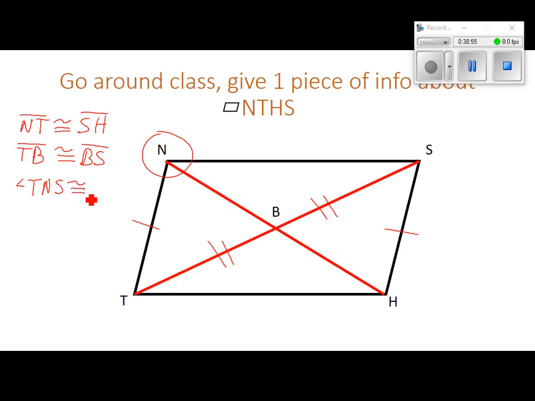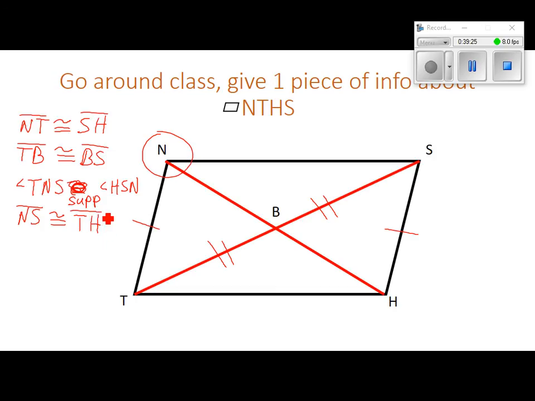Now name the other one. You said supplementary, didn't you? TNS is supplementary to HSN. Does that work? Does everybody agree with that? Yeah. Give me another one, Sam. Segment NS is congruent to segment TH.